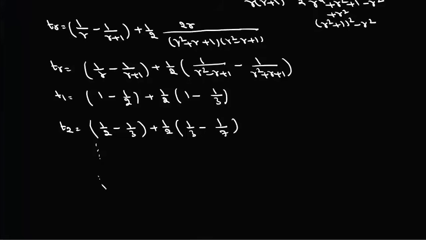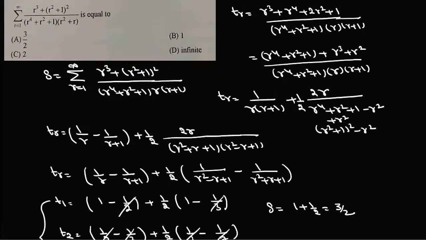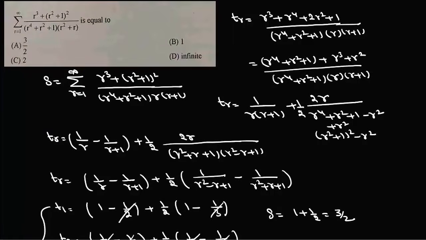Since it is an infinite series, all these successive terms will cancel. So the sum of all the terms up to infinity will be given by simply 1 plus 1 by 2, which is 3 by 2. So the answer to this summation is 3 by 2, and that's your option A.